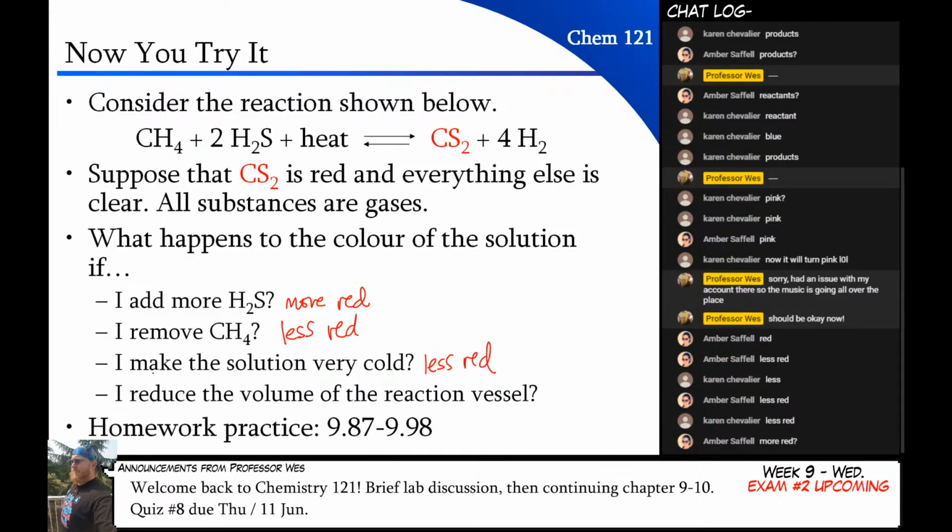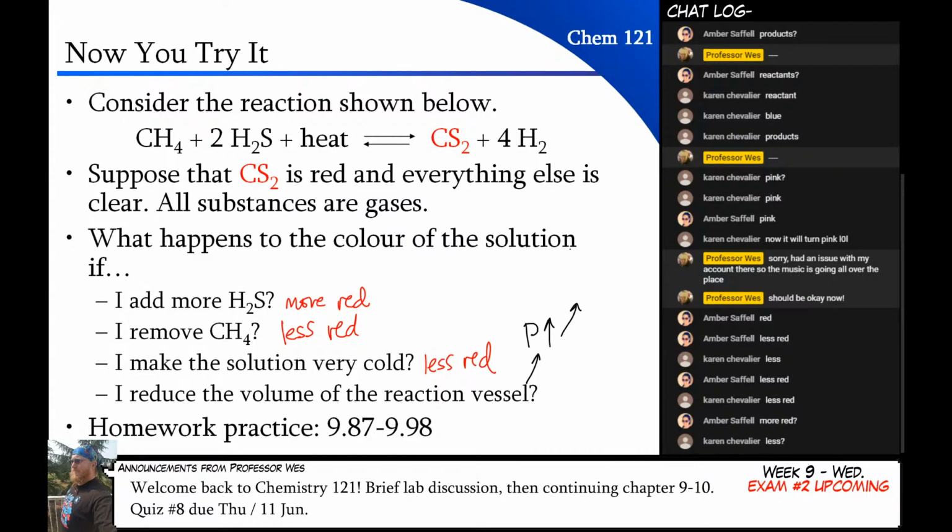I've got to find the right color pen here. So if the volume goes down, the pressure goes up. We need to make the pressure go back down. Which side has lower pressure? Products or reactants?